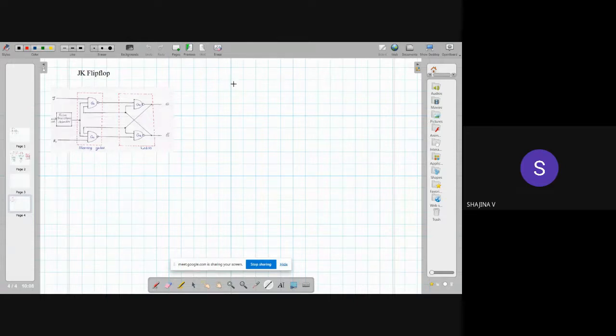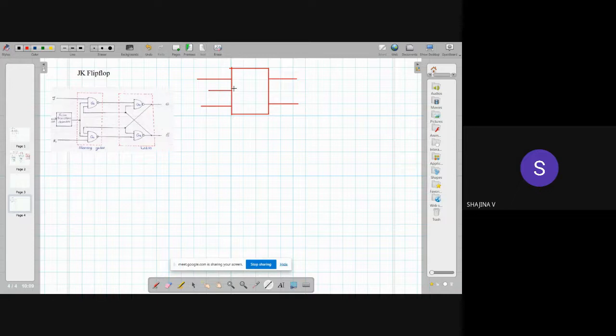That is for JK flip-flop, as the name indicates, there will be two inputs. Okay, that is J and K. ഇവിടെ ജെക്കും കേക്കും അങ്ങനെ പെർട്ടിക്കുലർ മീനിങ് ഒന്നും ഇല്ല കേട്ടോ. സിംപ്ലി J and K. Okay, so you will be having two inputs and as usual there will be two outputs, that is Q and Q bar, and one clock will be there.